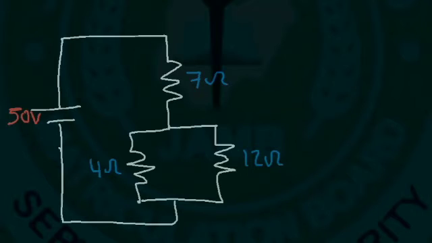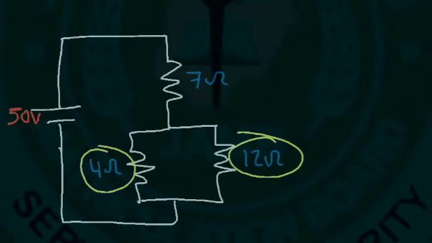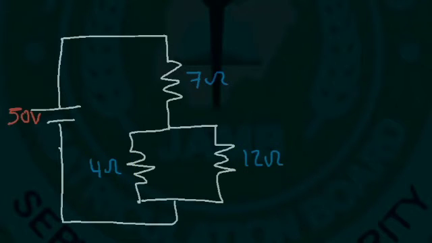Now, if all you have is just the resistors and the voltage, it might be wise to calculate the equivalent resistance. So notice that the 4 ohm and the 12 ohm resistors are connected in parallel. That means that the voltage across them is the same.